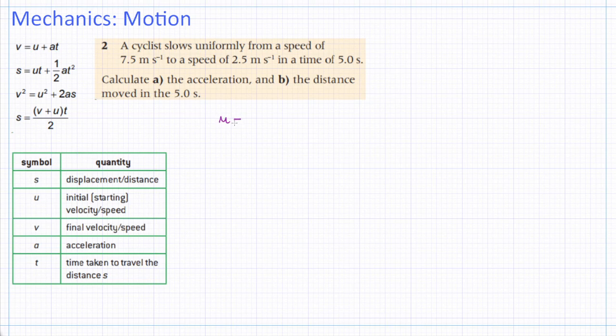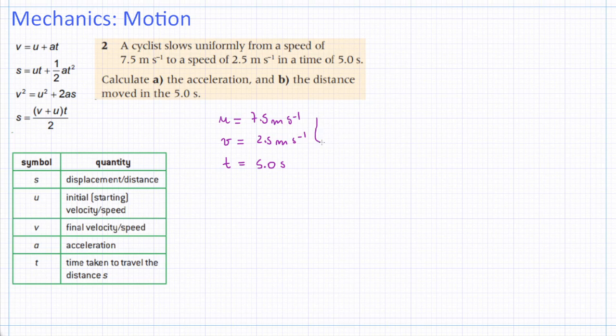So u is 7.5, that's our initial speed, meters per second. v is equal to 2.5 meters per second, and our elapsed time is 5 seconds. So meters per second, seconds, everything in SI units, so we don't have to worry about changing units here, right? So calculate the acceleration.